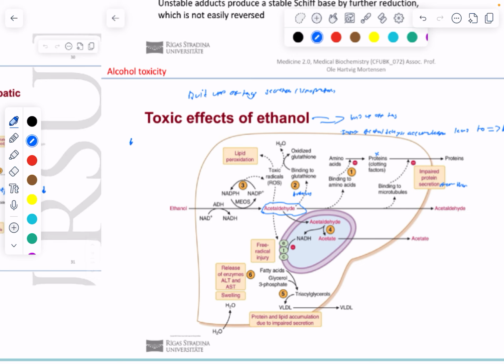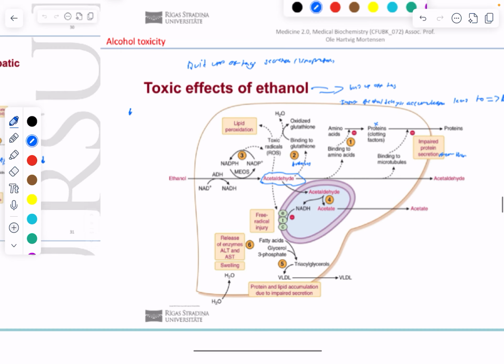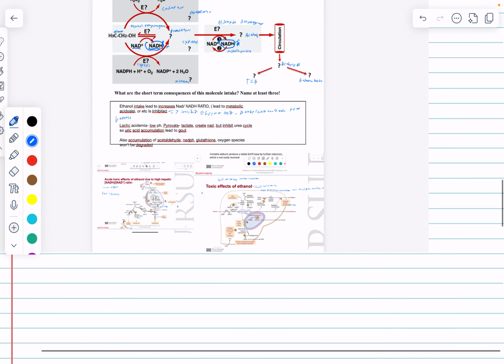But it could also bind to glutathione, especially in alcohol abusers, the people who drink alcohol a lot every day, because glutathione is used a lot. This was what I wanted to showcase.